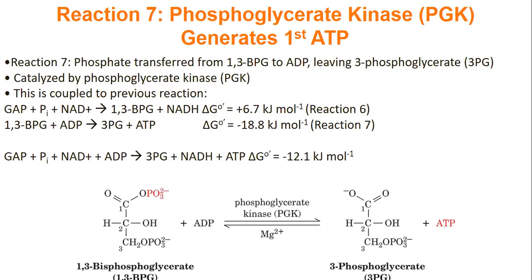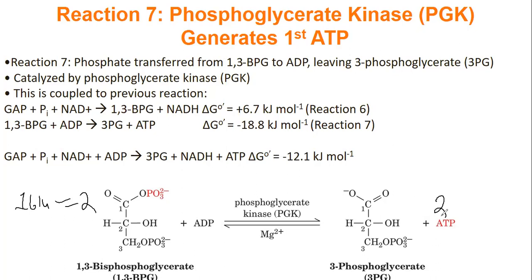So that NADH is like stored energy that we can't spend yet. Reaction 7, we're immediately getting energy out. And just as a reminder, we are looking at 1 3-carbon compound here, but for every 1 glucose, we are getting 2 of these. So we are getting 2 ATPs out.